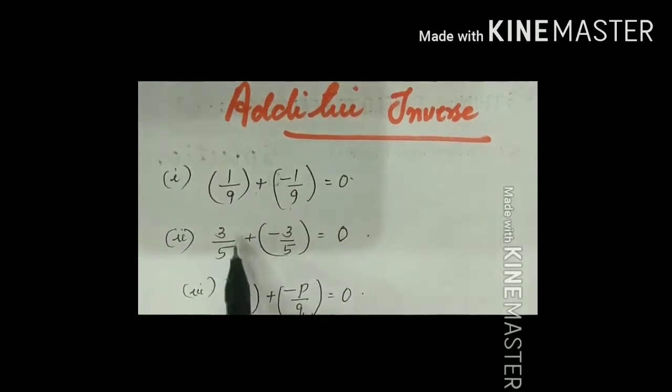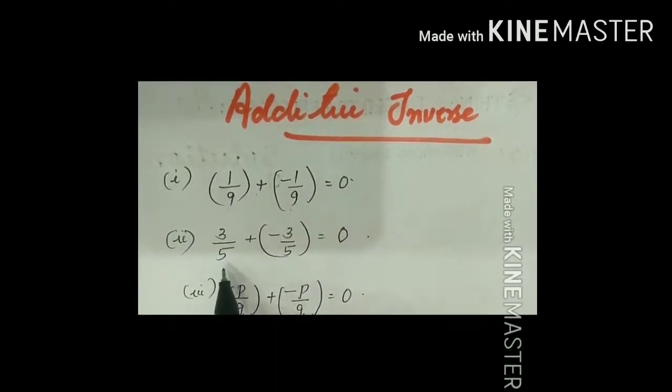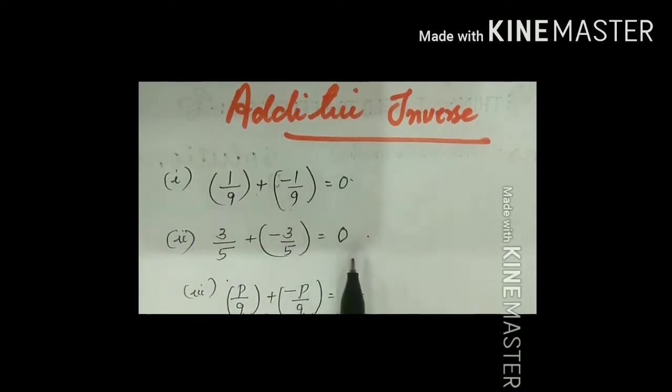Let's see another example here. 3 by 5 plus minus 3 by 5. What is the sum? Denominator is 5. Numerator 3 plus minus 3, which is equal to 0. 0 is the additive identity. What is the conclusion? That means minus 3 by 5 is the additive inverse of 3 by 5.